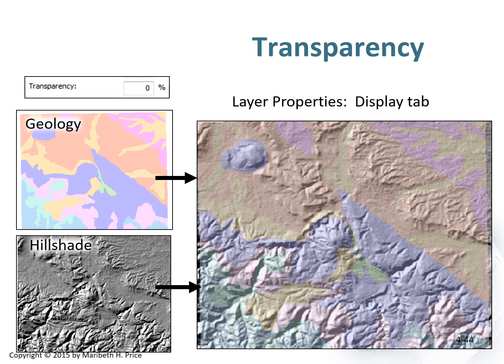It gives something a 3D feel, if you will, by positioning the sun in a certain location given to an elevation model, and then it casts the shadows accordingly. And then by laying the geology layer over the hillshade, and setting the transparency such that you can see those hillshade shadows below, it helps you understand the patterns you see in the geology.